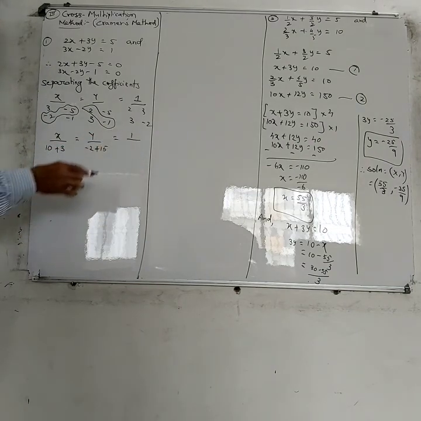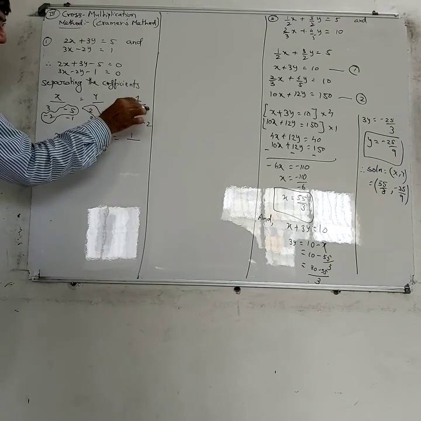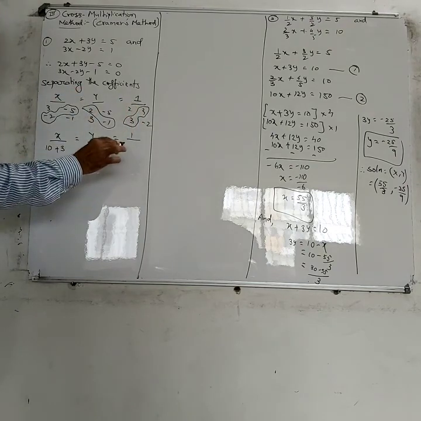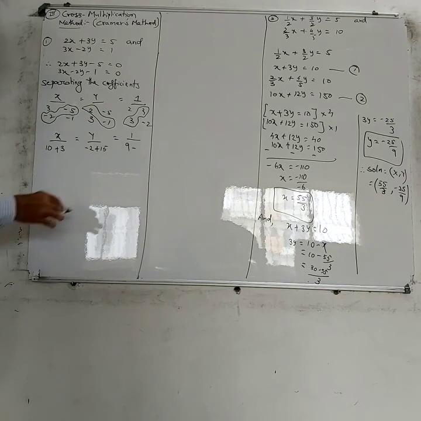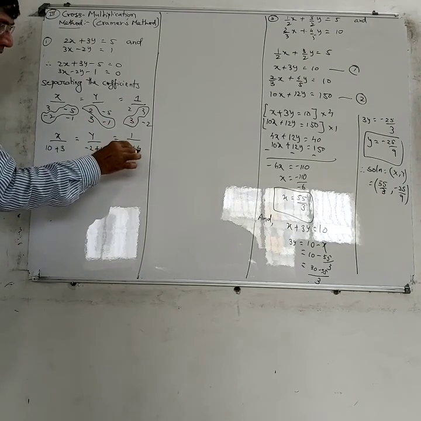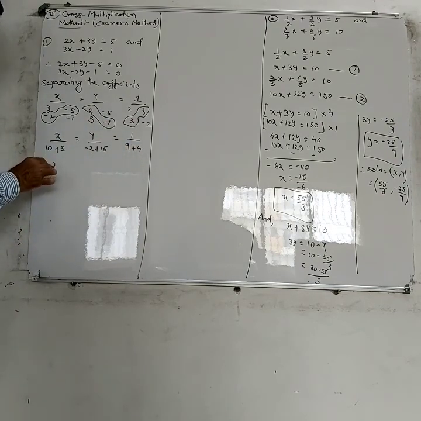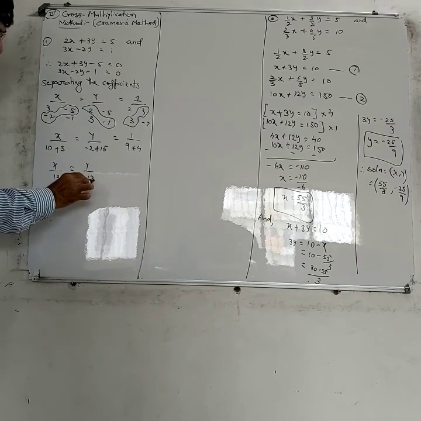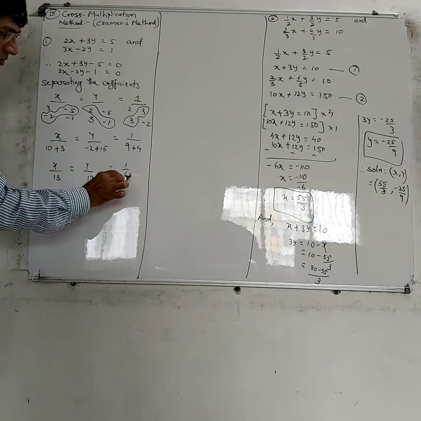And again in this case, multiply this way: 3 threes are 9, minus 2 twos are 4, plus 4. So you get x upon 10 plus 3 is 13, y upon 13, and 1 upon 9 plus 4 is 13.